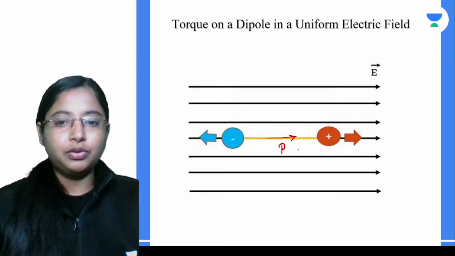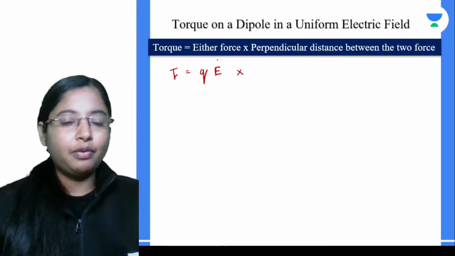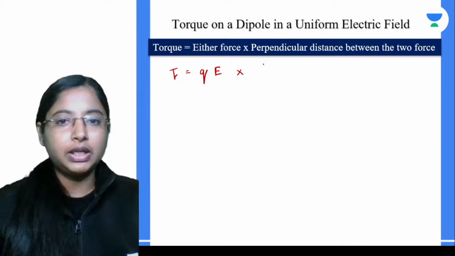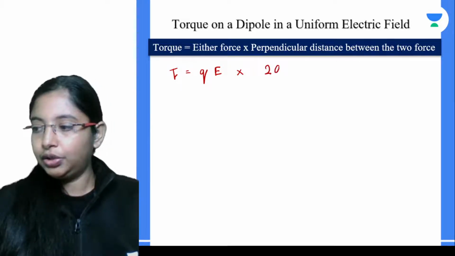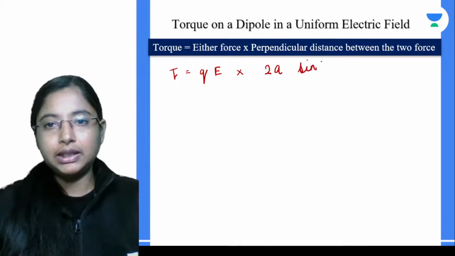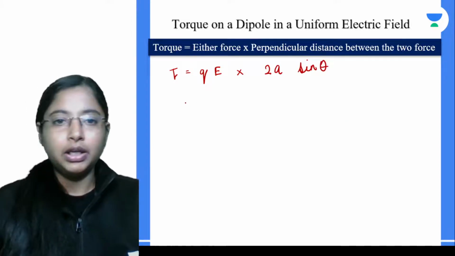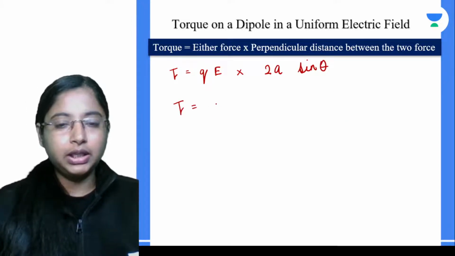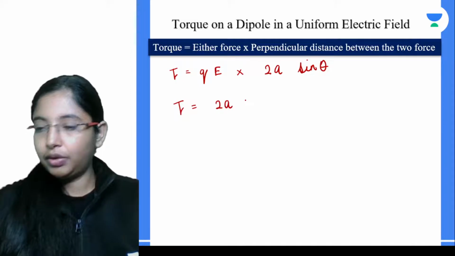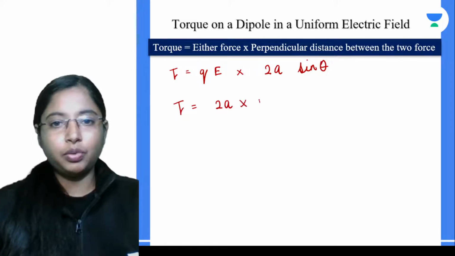Now going back to this equation, one of the force magnitudes is QE, and the perpendicular distance becomes 2 into a into sine theta. So we have 2 into a, into Q, into E into sine theta.